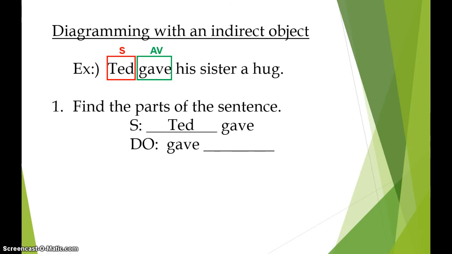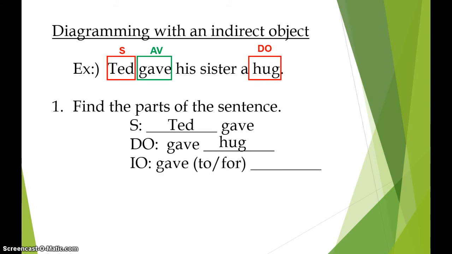The answer here is hug, because that is what he gave. Hug is a noun, and we're going to label it DO. Now, to find the indirect object, we're going to ask gave to or for whom or what? Here, the answer is sister, because Ted gave a hug to his sister. Sister is a noun, and we're going to label it IO.